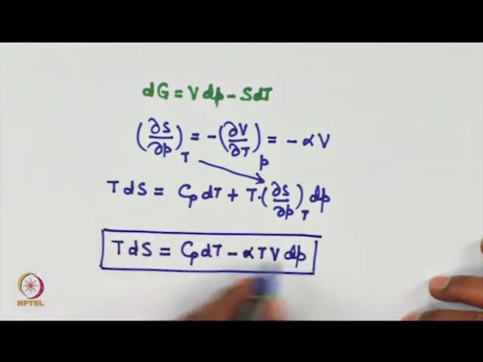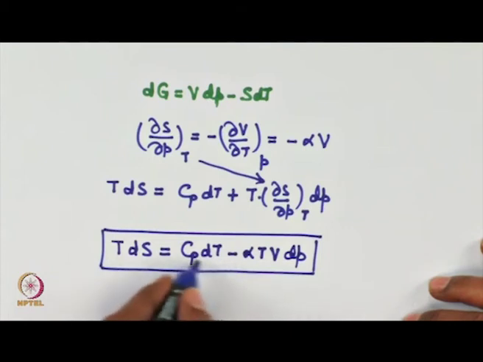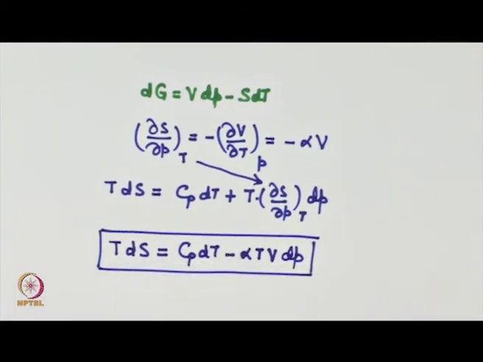Now you can integrate and calculate the changes in entropy when the other properties of the system are known. So this kind of equations allow us to account for the deviations from ideality.